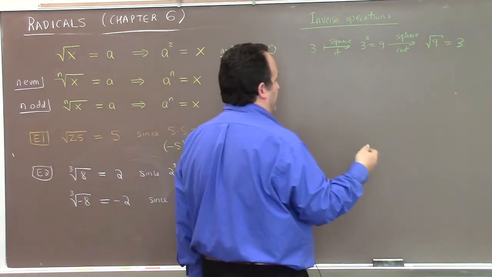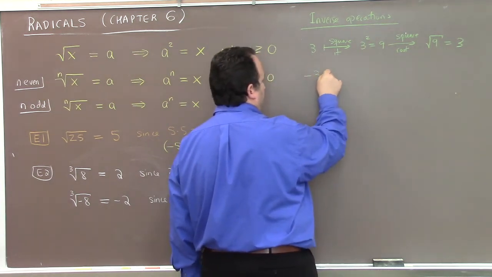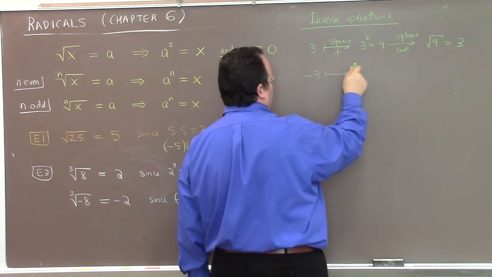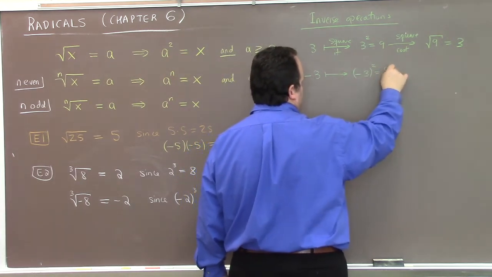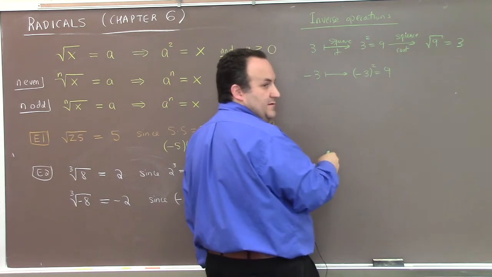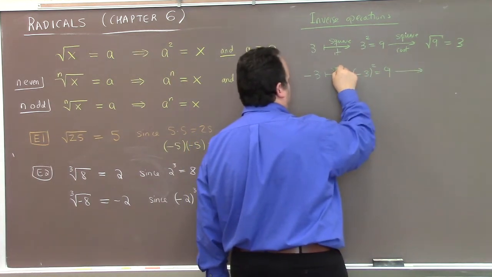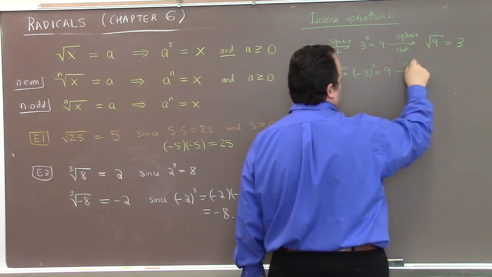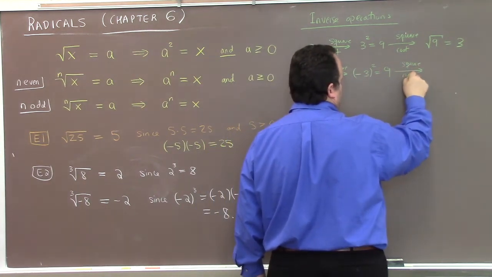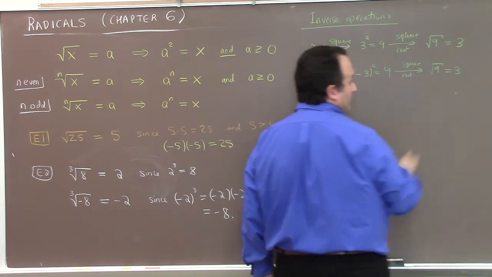So we're back where we started. But on the other hand, if we take minus 3, and we square it, we get 9 as well, right? And if we take the square root of that, what do we get? We still get 3, right?